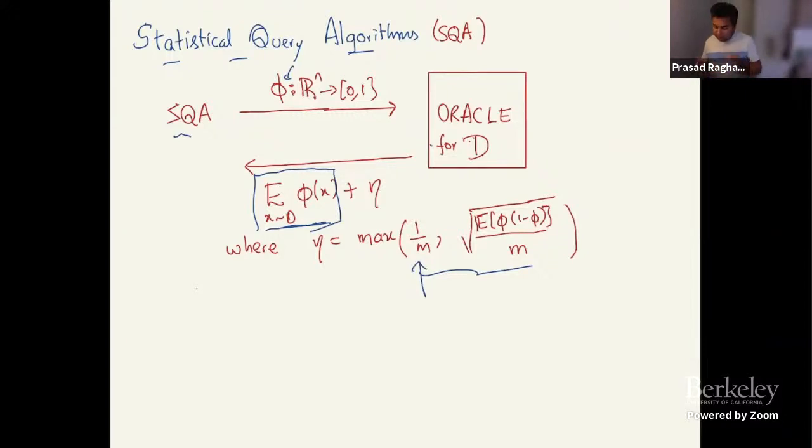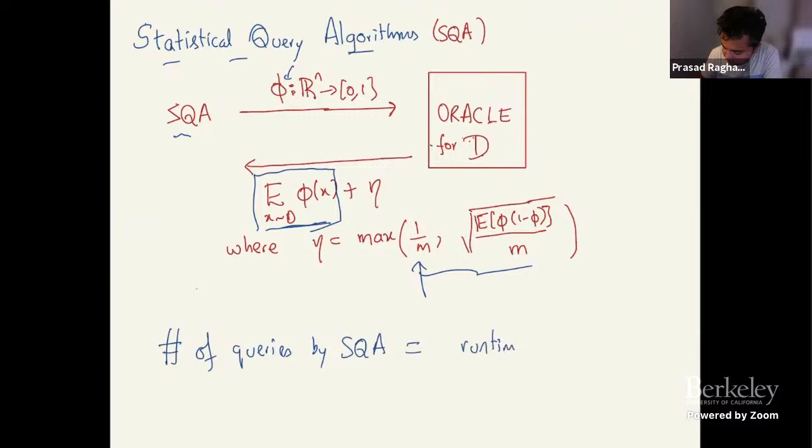For a given accuracy parameter m, you can ask how many queries your algorithm needs. The number of queries made by the SQ algorithm is a proxy for its runtime.